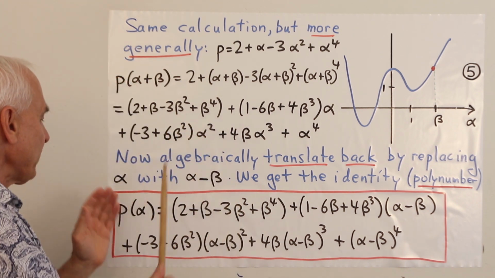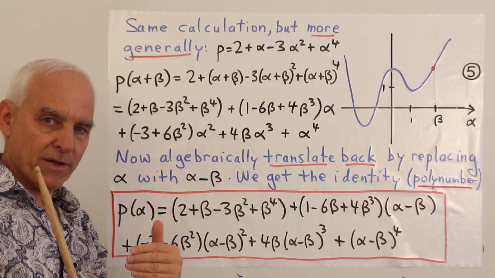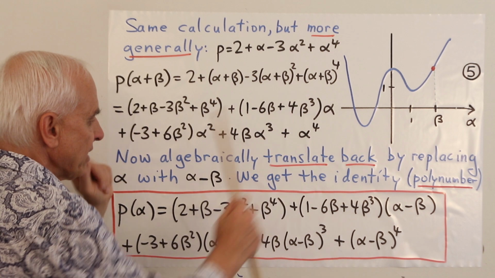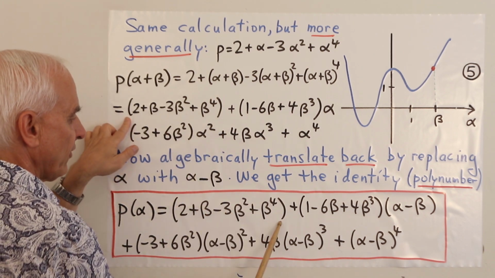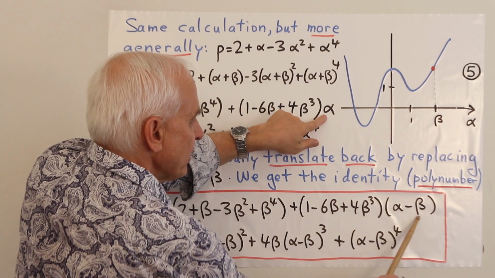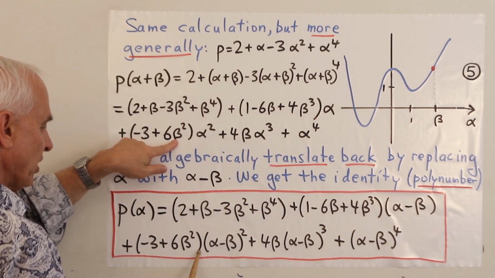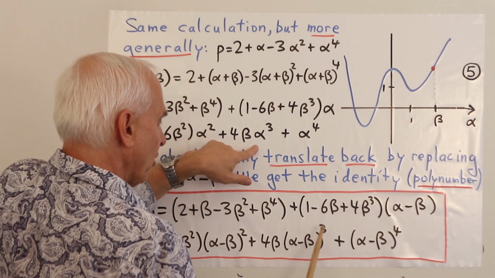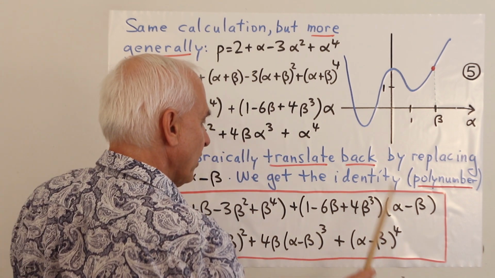So on the left-hand side, you will have P of alpha. And on the right-hand side, you'll have this quantity here that's repeated, plus this expression times alpha minus beta, plus this expression times alpha minus beta squared, plus the 4 beta times alpha minus beta cubed, plus alpha minus beta to the 4th.